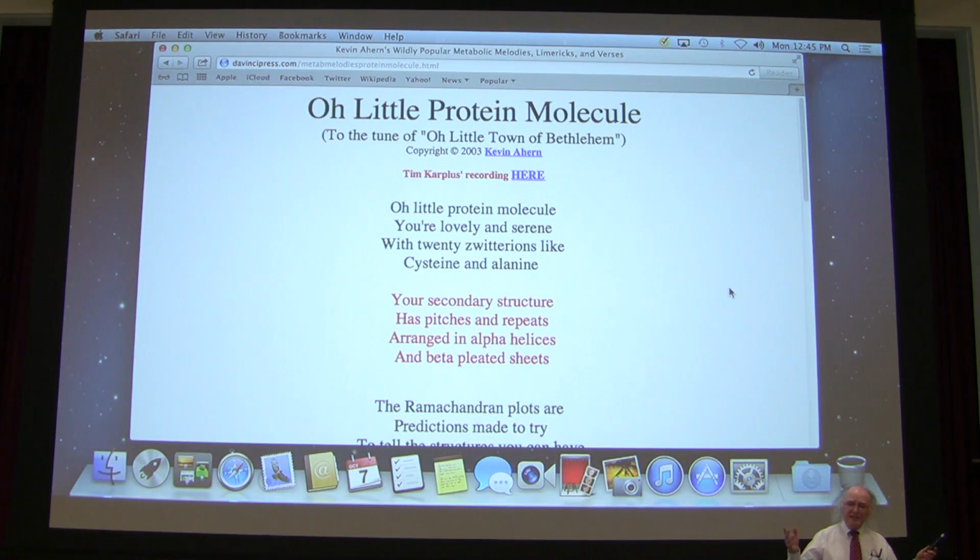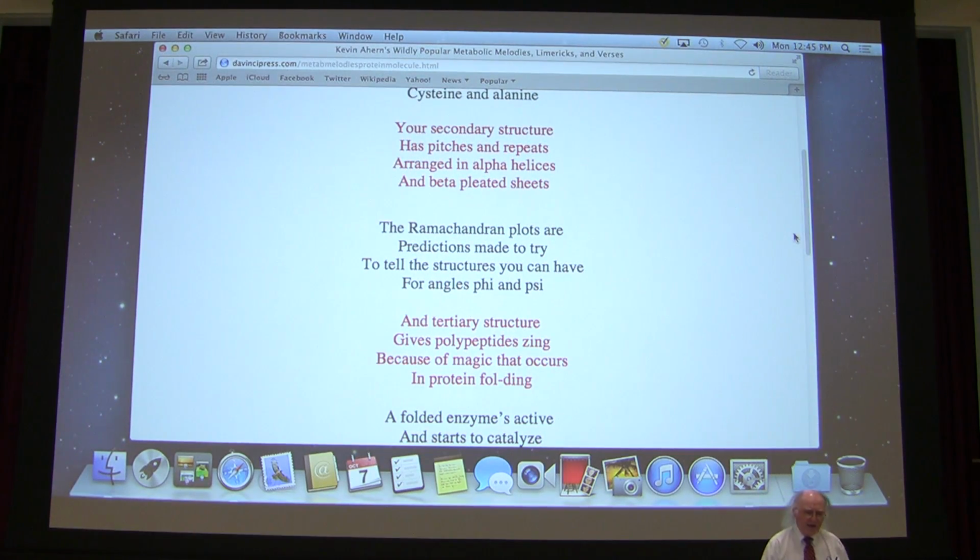O little protein molecule, you're lovely and serene, with 20 Zwitter ions like cysteine and alanine. Your secondary structure has pitches and repeats, arranged in alpha helices and beta pleated sheets. The Ramachandran plots are predictions made to try to tell the structures you can have for angles phi and psi.